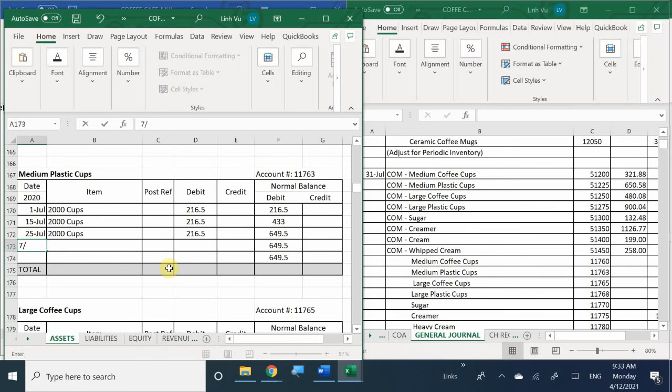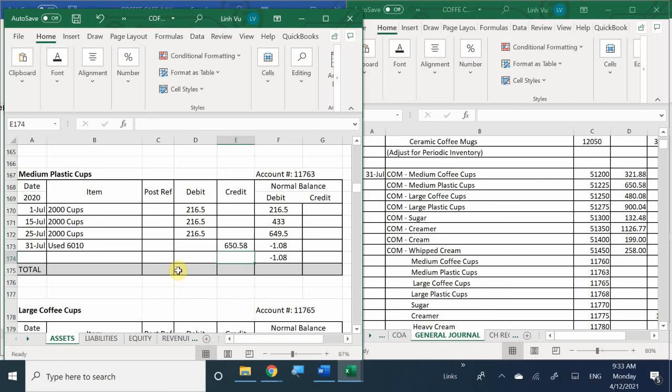Here, I used 10 cups, for a total of 58. And look, I went over by $1.08.